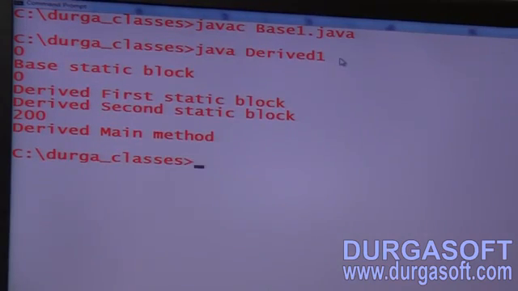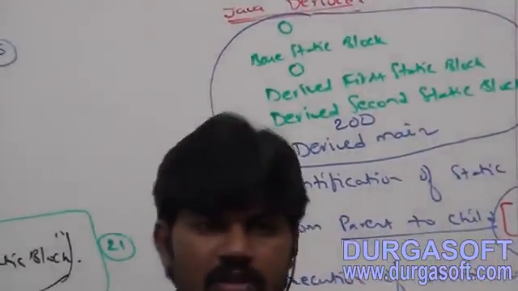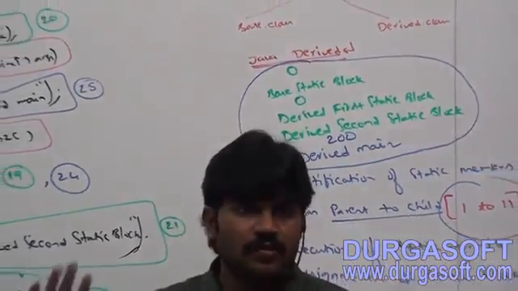This is how the static control flow works in a parent to child relationship. Now the terminology is clear.